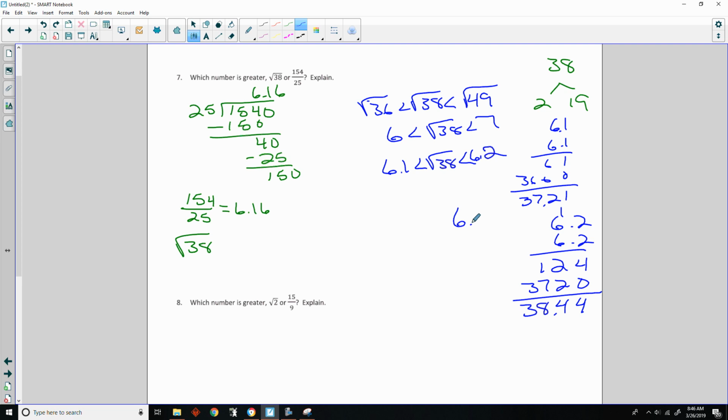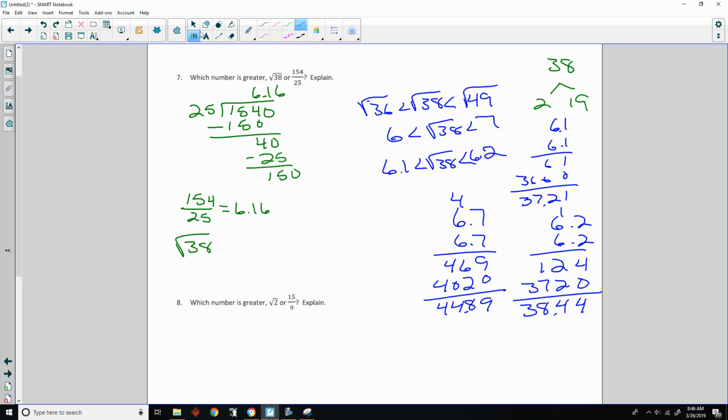So I'm going to take 6.7 times 6.7. 7 times 6 is 42, and 4 is 46. So it's 44.89.